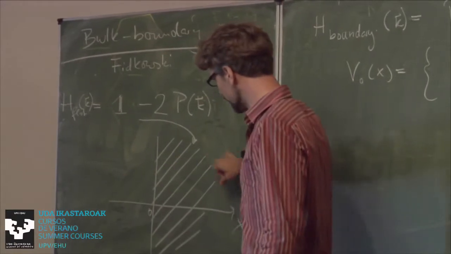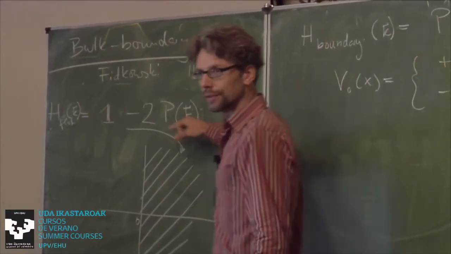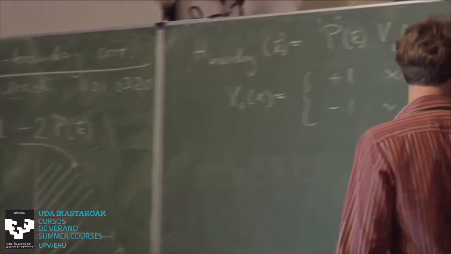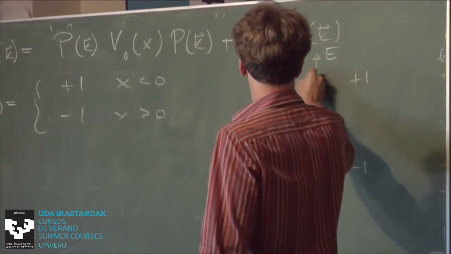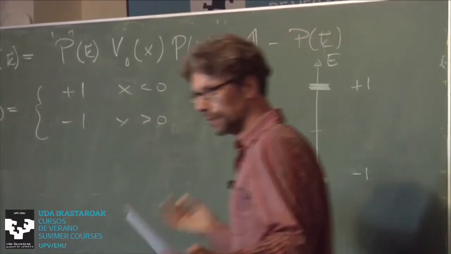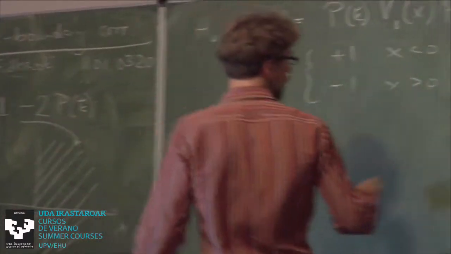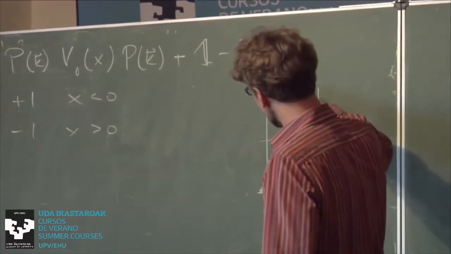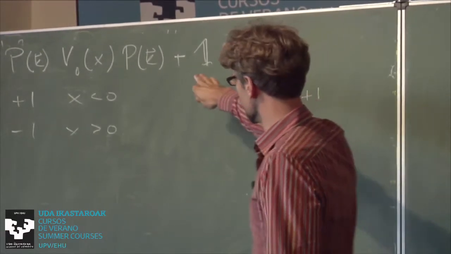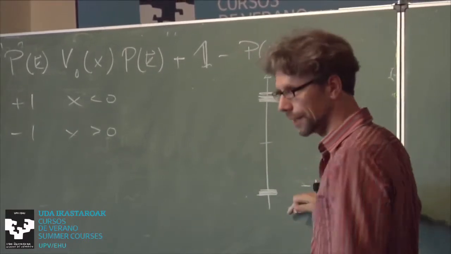Far away from the boundary, deep on the right-hand side, we have a lot of eigenvalues at -1 and a lot at +1, thermodynamically many. On the other side, all the eigenvalues are +1, so there are even more at +1. So this Hamiltonian has spectral accumulation points at +1 and -1.